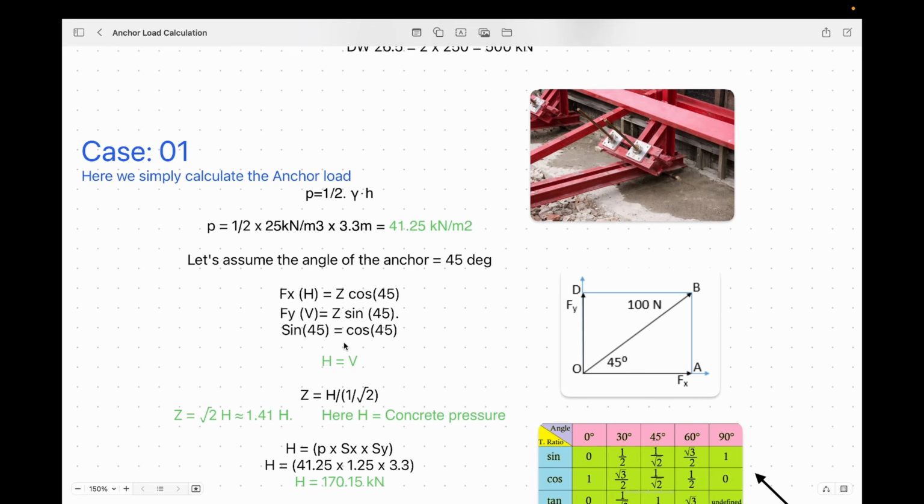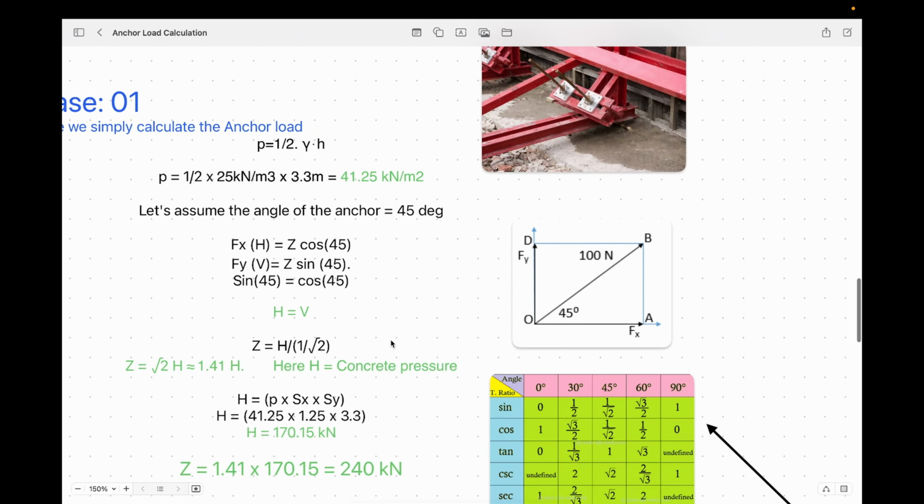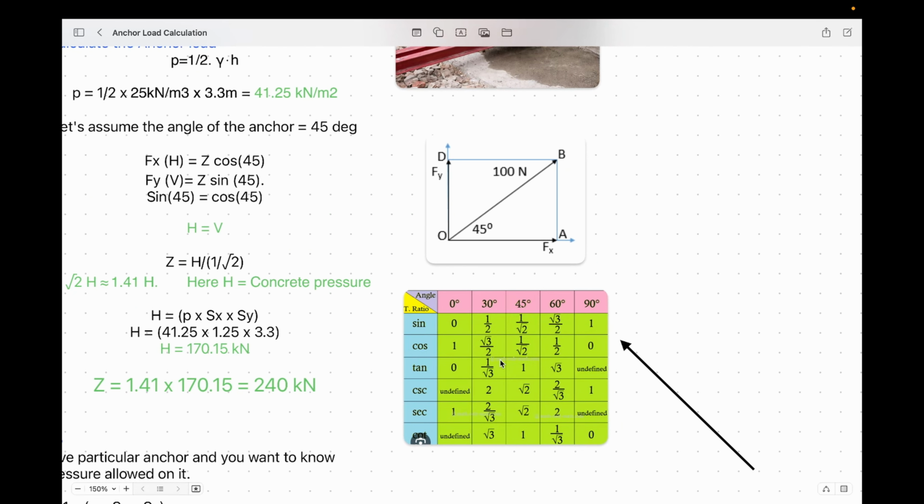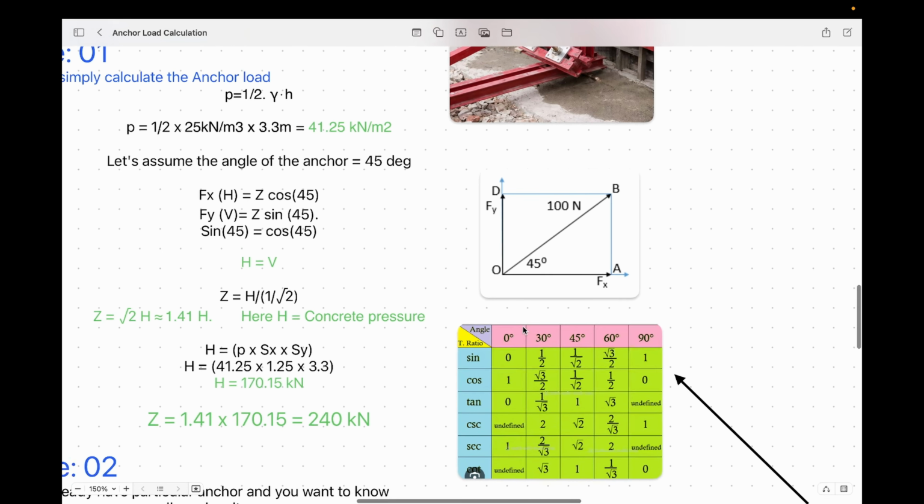You know sin 45 and cos 45 are equal, because cos 45 is 1 by root 2, and sin 45 is also 1 by root 2. That means cos 45 is equal to sin 45. That also means the horizontal component is equal to the vertical component. As simple as that. If there is any doubt, please write in the comments.